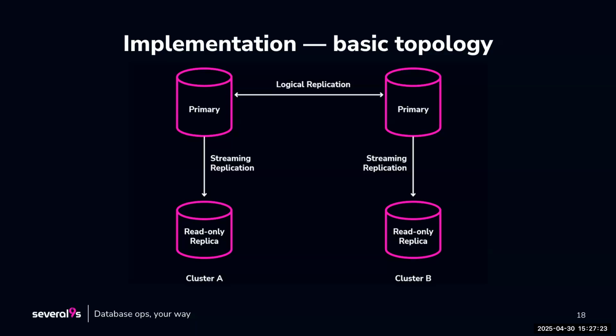Or you can just keep the primary node only, but it's recommended to have at least one standby node per cluster. I will say two, but the minimum is one. So in case of failure, you can promote it and continue using the cluster. Then here we have logical replication between the streaming replication clusters to sync. So basically we have 2 streaming replication clusters connected by logical replication, and this is the basic topology.